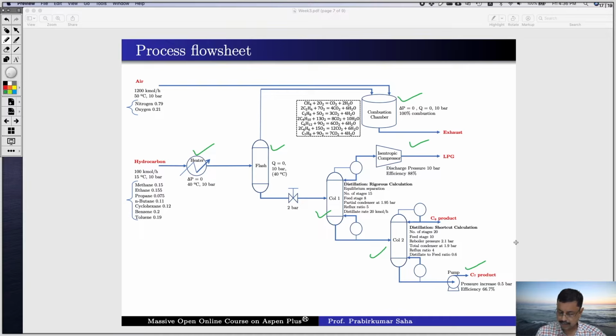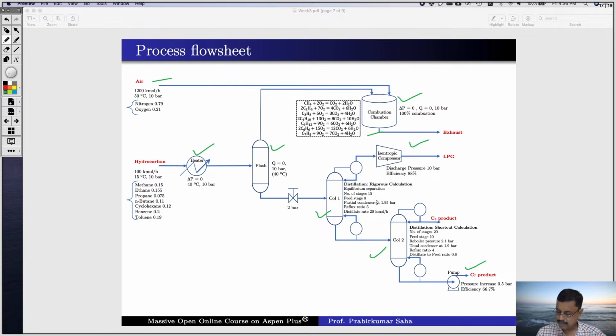The feed hydrocarbon is entering in the heater, whereas air is entering in the combustion chamber. So the heated hydrocarbon is flashed, where the major components are flashed and liquefied. The leftover gas is being burnt in the combustion chamber.